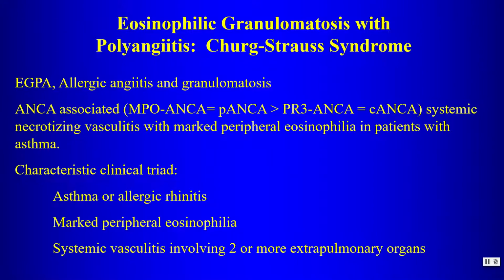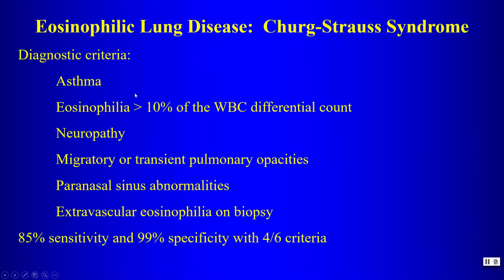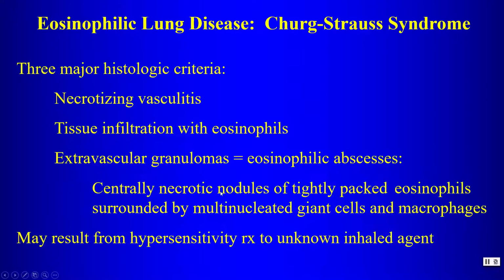The diagnostic criteria I've listed here to make the diagnosis of Churg-Strauss syndrome, and using these diagnostic criteria, 4 out of 6 gives you 85% sensitivity and 99% specificity for making the diagnosis.